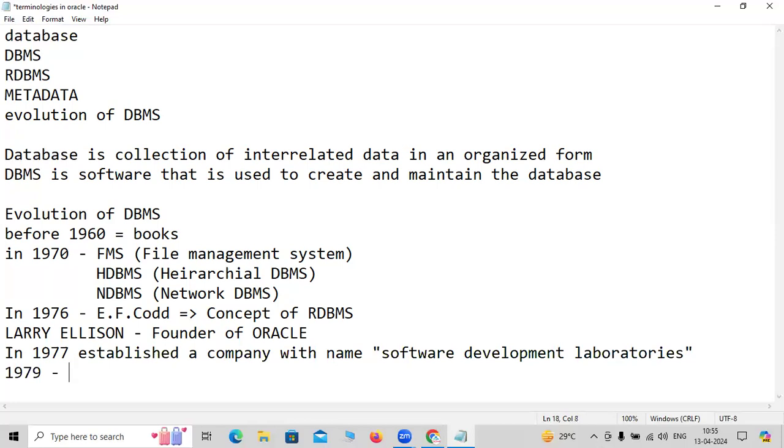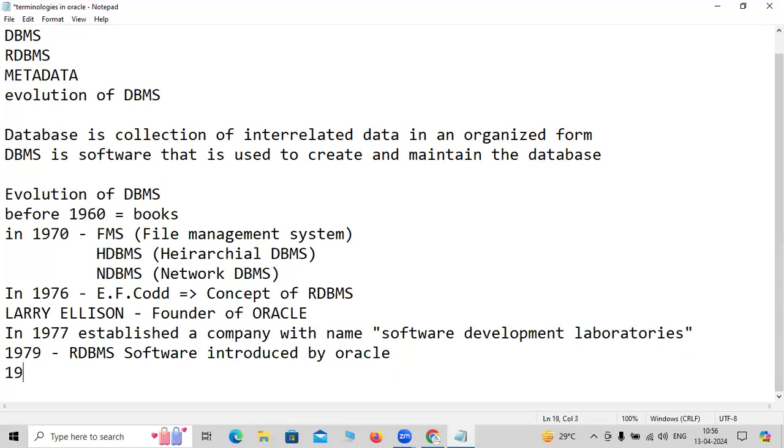So the Oracle introduced RDBMS software in 1979. But still, the company name was Software Development Laboratories.